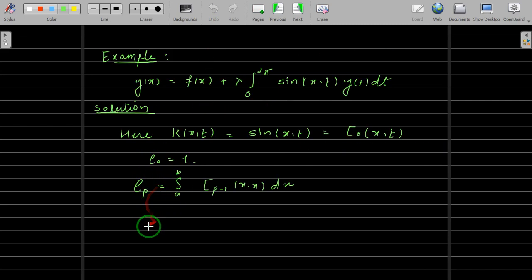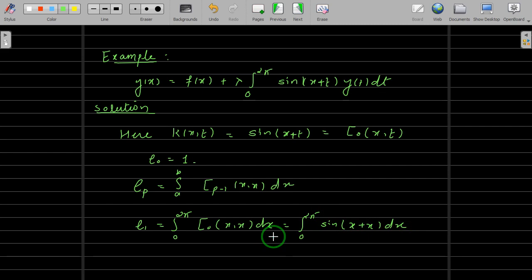So your small c1 in this case becomes the integral from 0 to 2 pi of C0 of x comma x dx, and we have C0 of x comma t as sin of x plus t, so this becomes the integral from 0 to 2 pi of sin of x plus x dx.